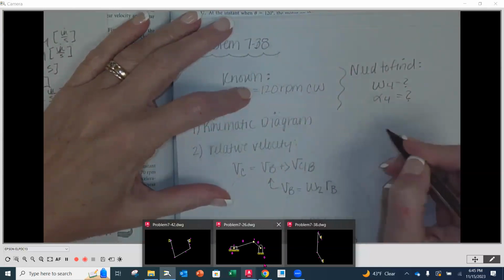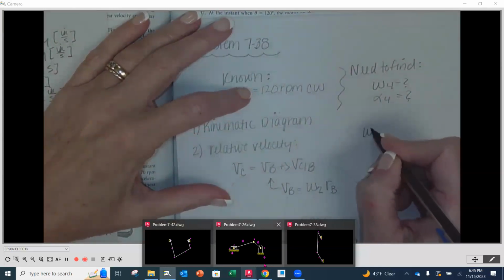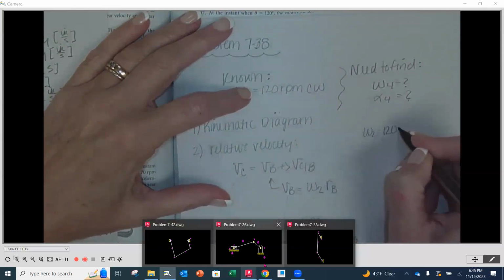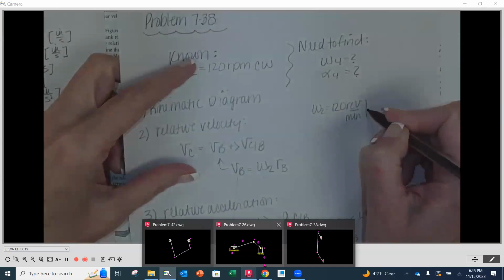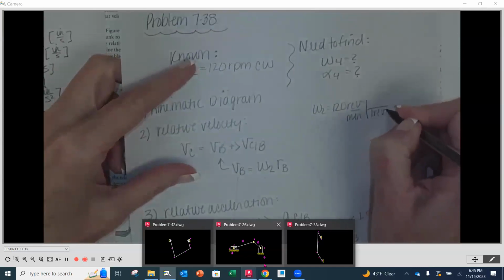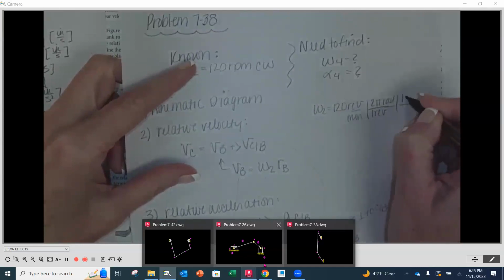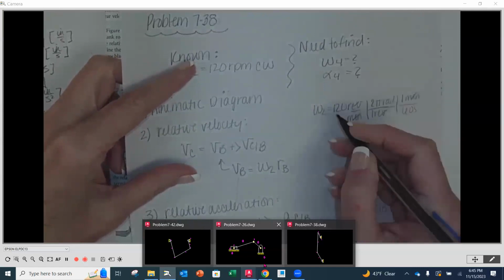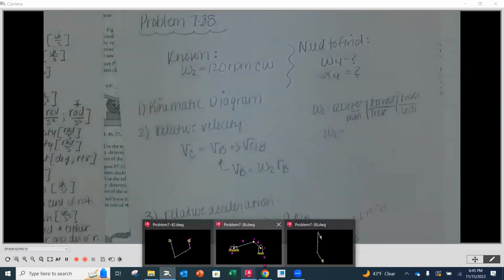So I'll do that work over here. W2 is equal to 120 revolutions per minute, and I want to convert that: 1 revolution is 2 pi radians, and 1 minute is 60 seconds.